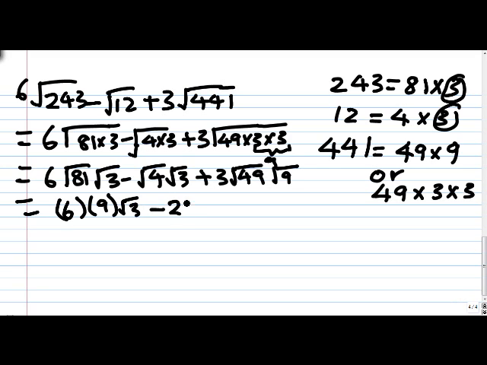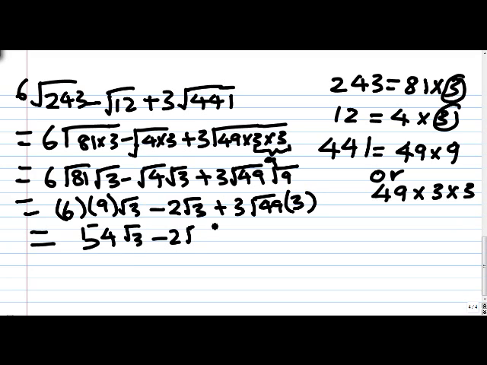Square root 4, you get 2 square root 3. You square root 9, you get 3 square root 49 times 3. 6 times 9 is 54 square root 3 minus 2 root 3 plus 9.